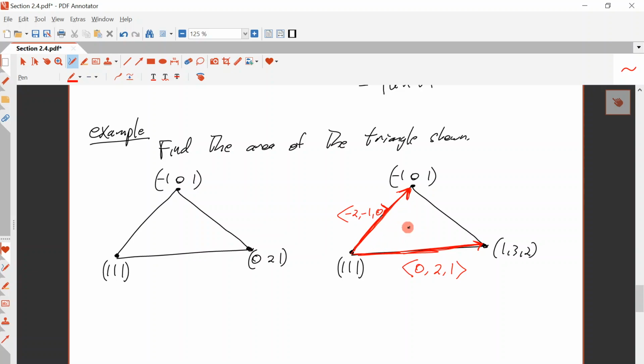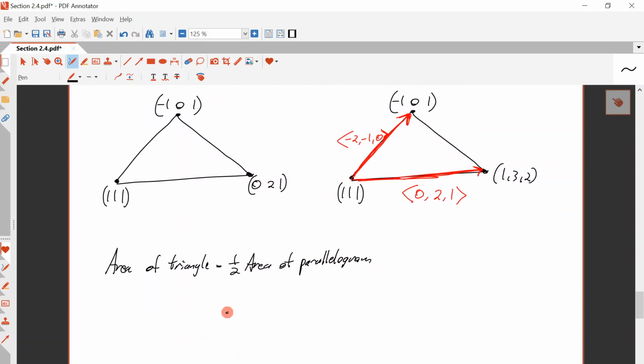Now the area of the triangle is half the area of the parallelogram given by these two vectors, which is one half the length of the cross product.